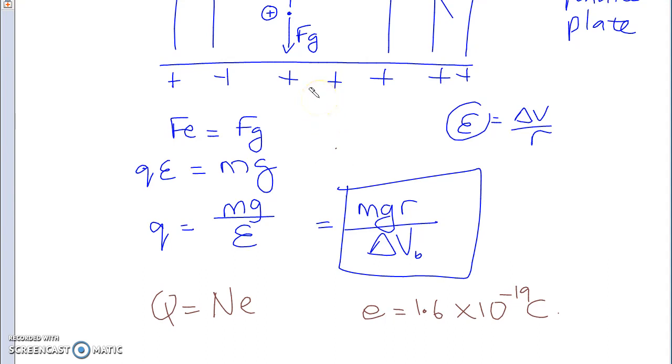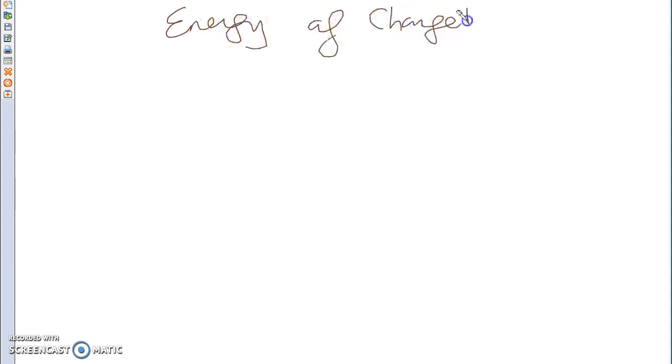The next thing that we took a look at was energy of charged particles. Okay, and for energy of charged particles, basically we're taking the old adage from before, E total before equals E total after.